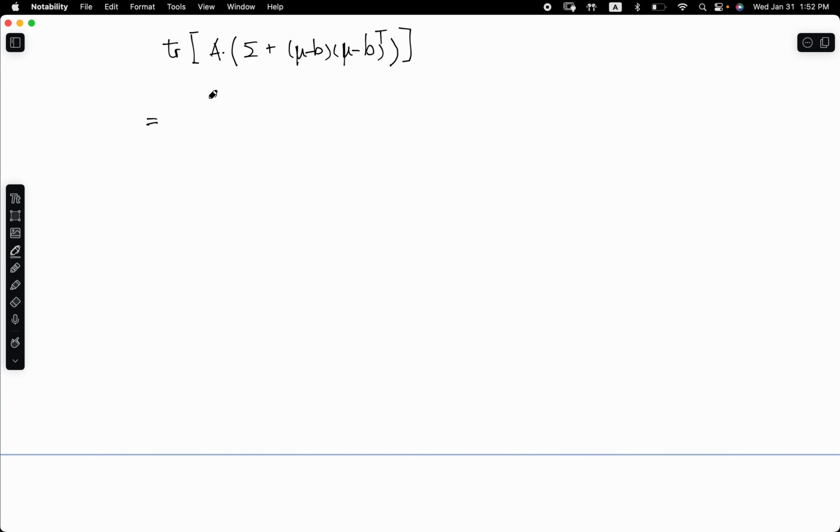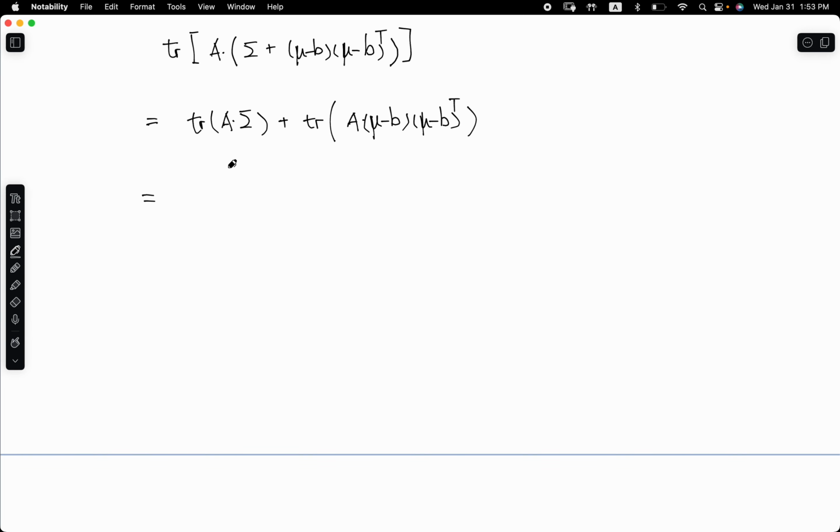Let's distribute the terms here. So we have a trace of A multiplied by the sigma matrix, and also trace is a linear operation. So we have a trace of A multiplied by mu minus b, mu minus b transpose.